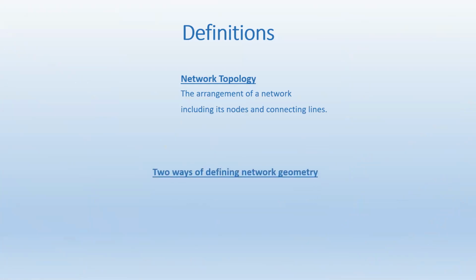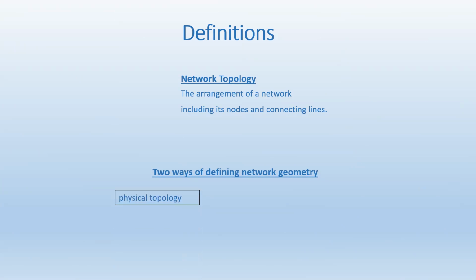What is actually a topology? What do we mean by topology? This is the arrangement of a network, including its nodes and connecting lines. We distinguish two ways of identifying network geometry within the topology. What do I mean by that?